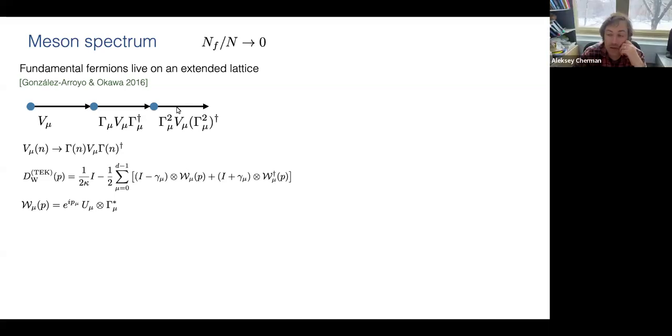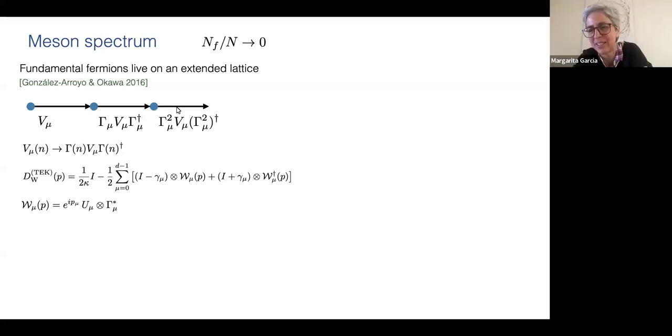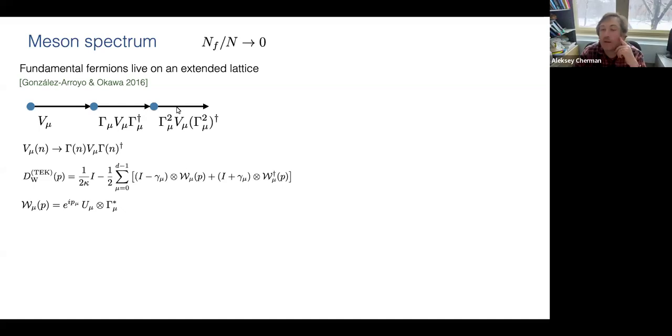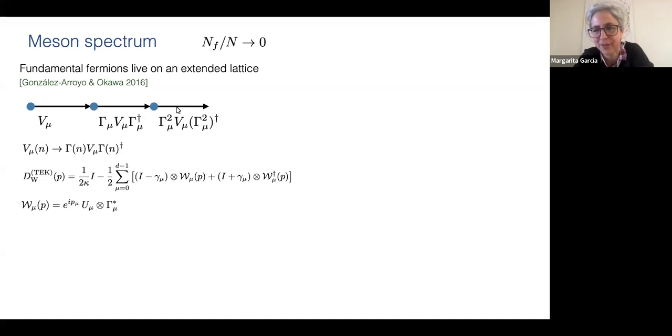So it's complicated. Another thing that is difficult to do is the topological susceptibility, because again, it's a correlator of double trace operators that you have to compute. So these are open questions that were open already in the times of Eguchi-Kawai, how to do these things.